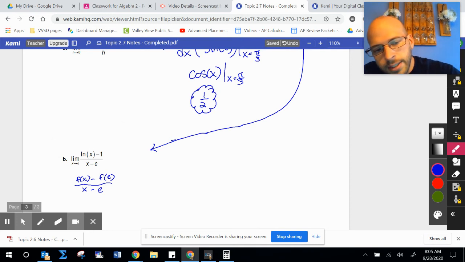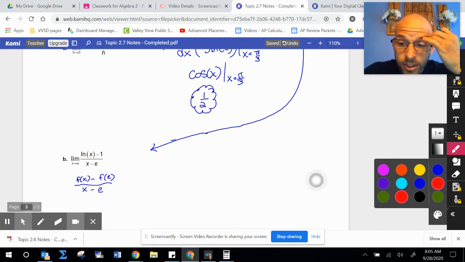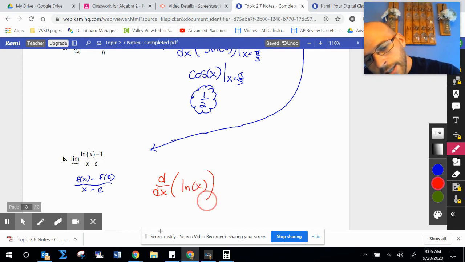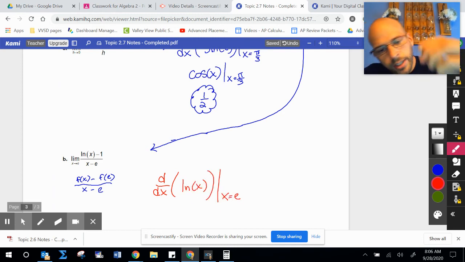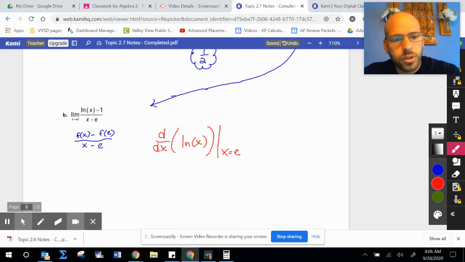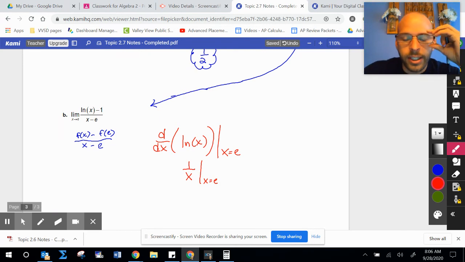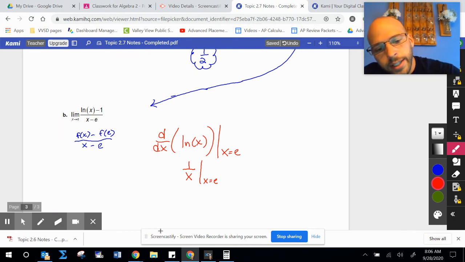These are hard to recognize, so if you don't see them right away, it's okay, but this problem is ultimately just saying, take the derivative of the natural log of x at x equals e, okay? Now, the derivative of natural log of x is 1 over x, as x is greater than 0, but we don't have to worry about that because e is bigger than 0. So if I plug e in, I get 1 over e.